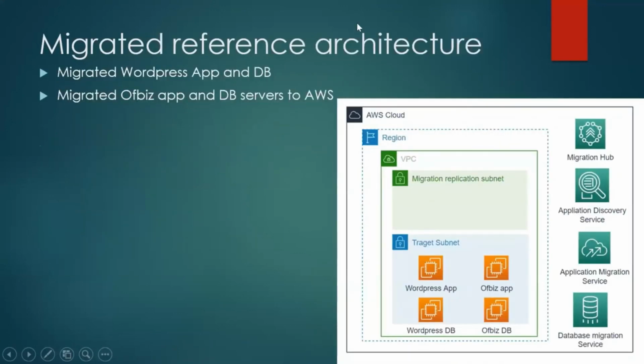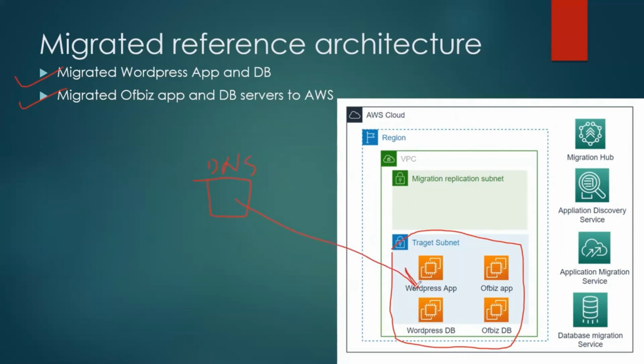We have migrated our WordPress app and DB, and migrated the OpenCart app and DB servers. These servers are created on AWS now, migrated from on-premises. We updated the DNS of on-premises, and now it's directing towards AWS. So when we access, we are accessing these servers.